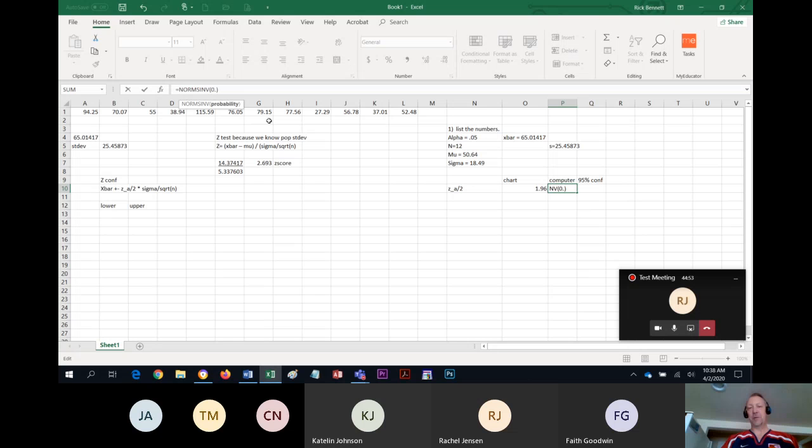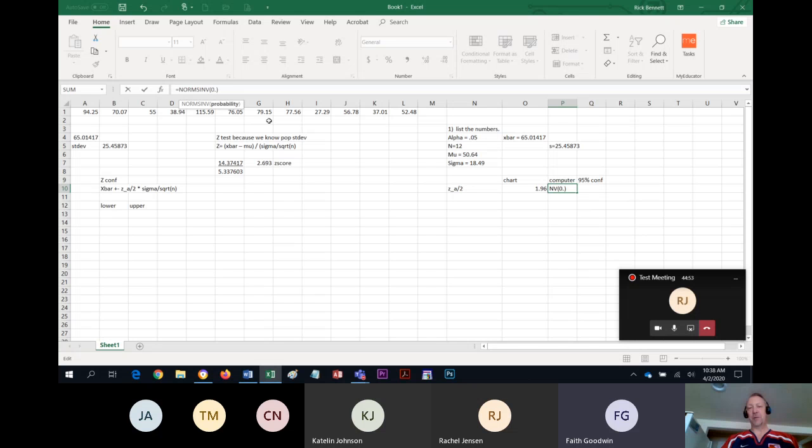Okay. Step number 5. Is it the conclusion? Not yet. That's step 6, I think, isn't it? Oh. Find the p-value. And so how do I find the p-value?